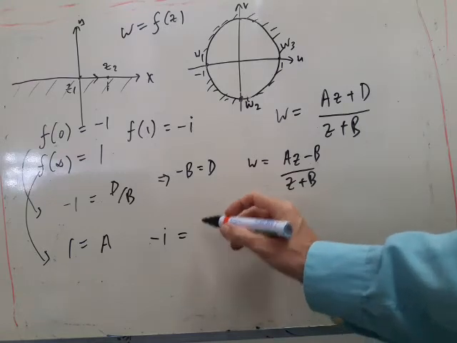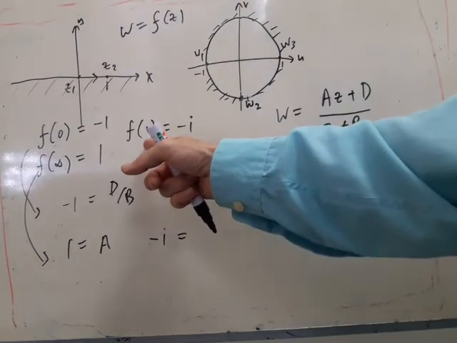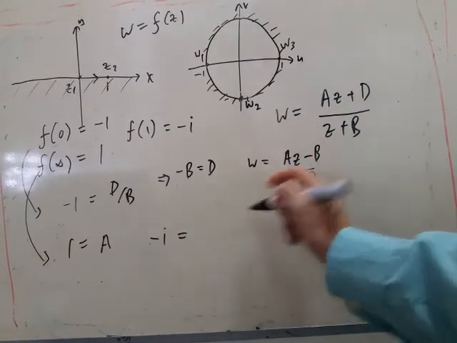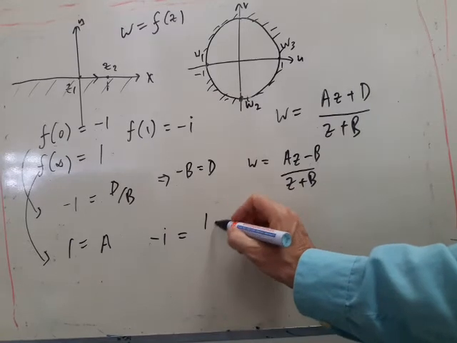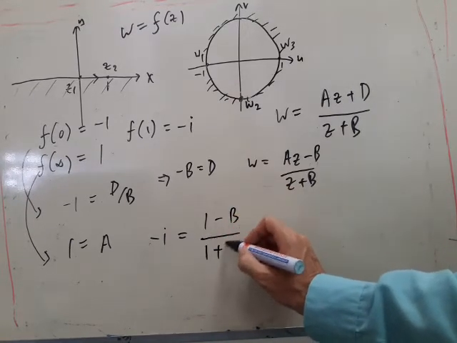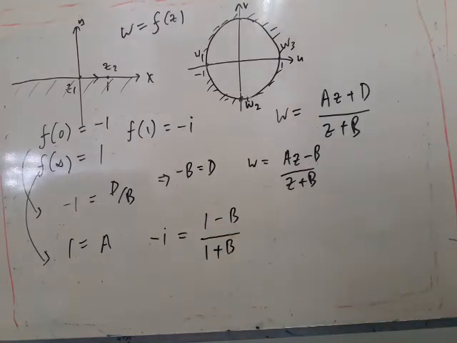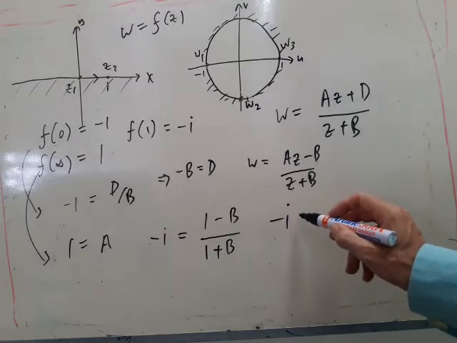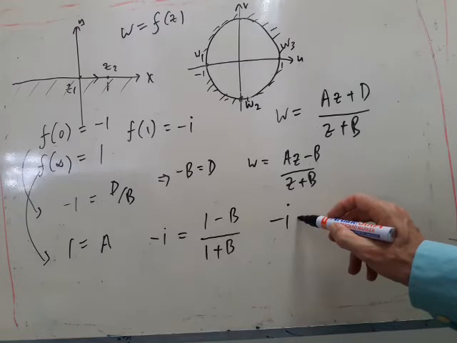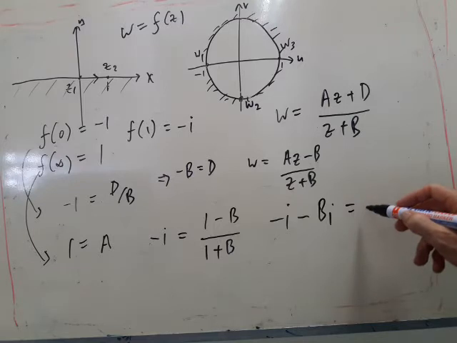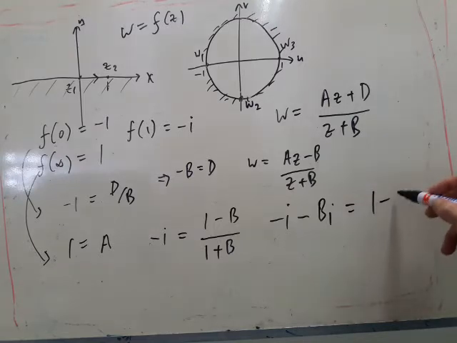When z is 1, we've got 1 minus b over 1 plus b needs to equal -i, which means that -i minus bi is equal to 1 minus b.